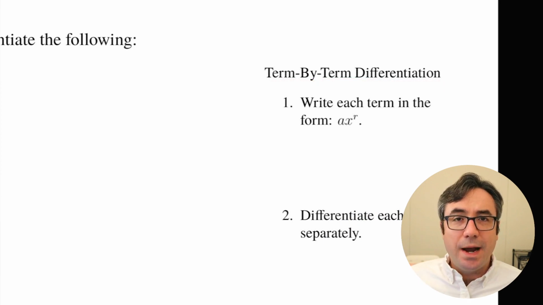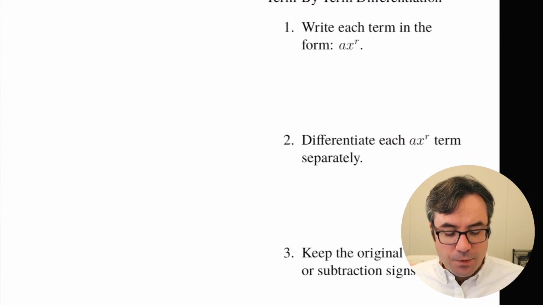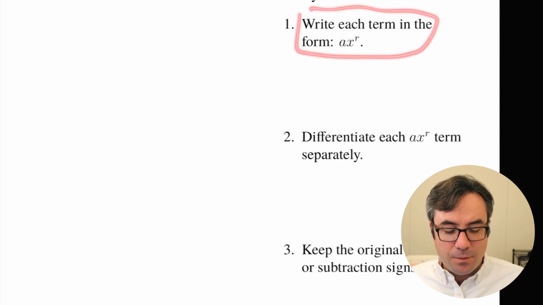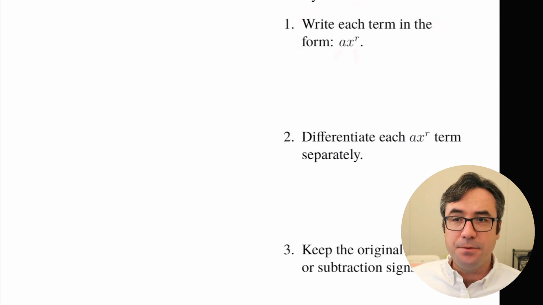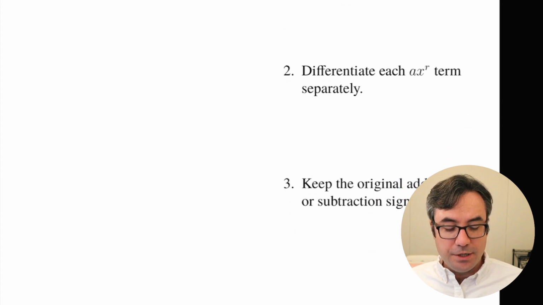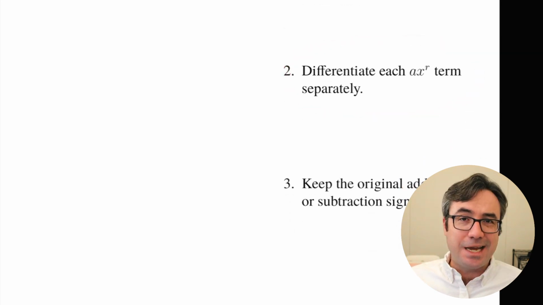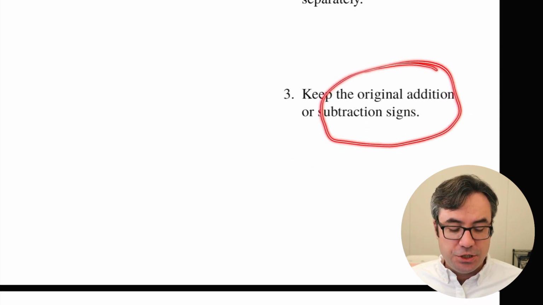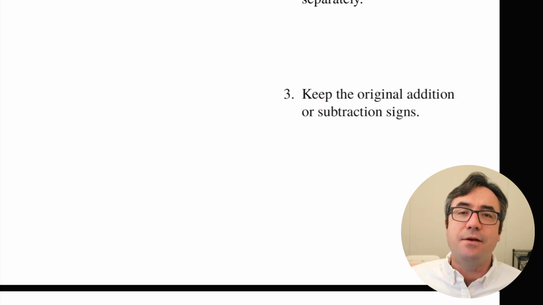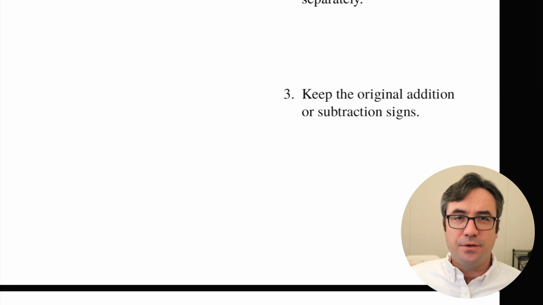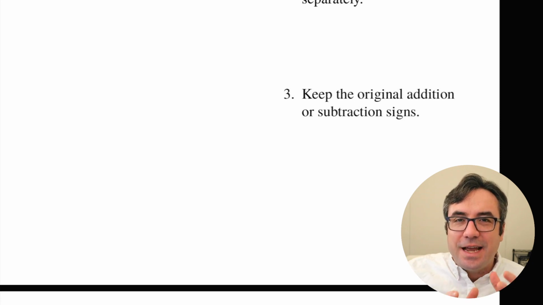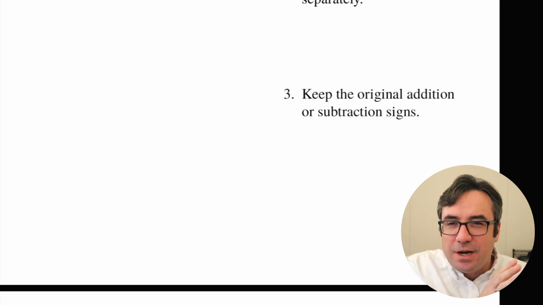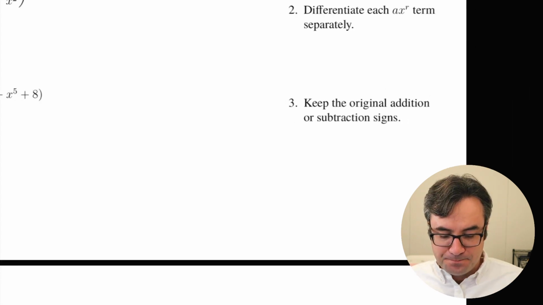Essentially, we want to write each of our terms in that format where we have a constant times a variable. Then we're going to differentiate each of those terms on their own. And then we just keep the original addition and subtraction signs wherever they were. The addition and subtraction are kind of like the skeleton of our function. They give us the framework, and then we're just differentiating the pieces almost.